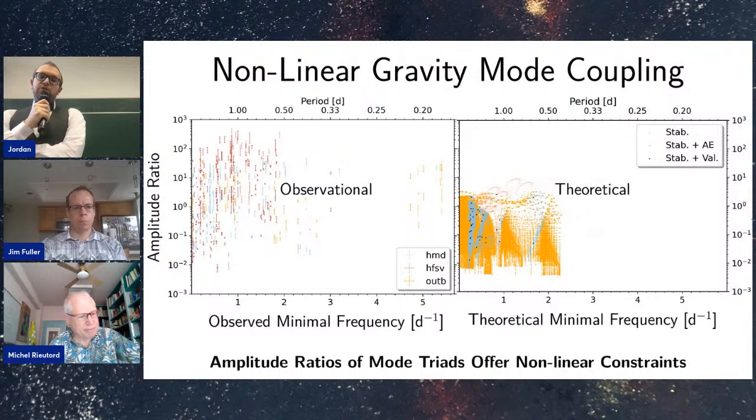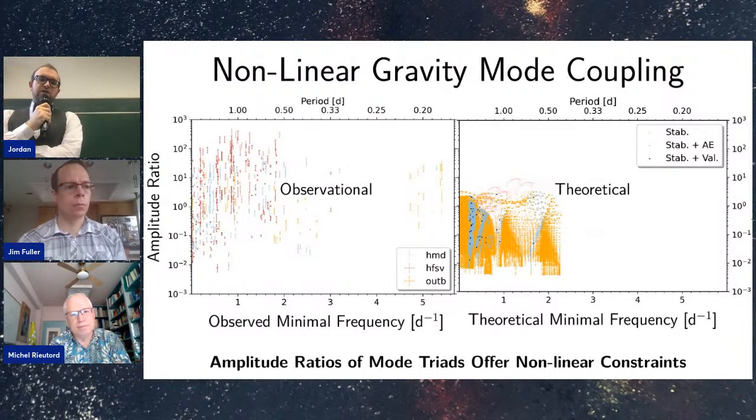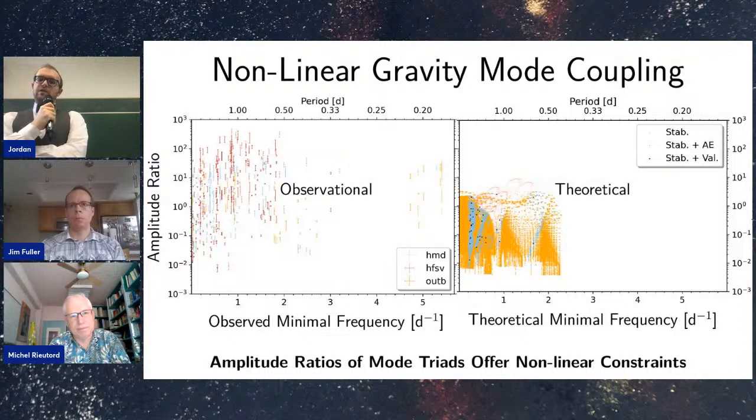What we can say, if we can match one of these theoretical amplitude ratios with an observational amplitude ratio, is that there's a good chance, a high likelihood, that this specific combination of three modes is in fact generated by the energy exchange among these modes in our theoretical model.